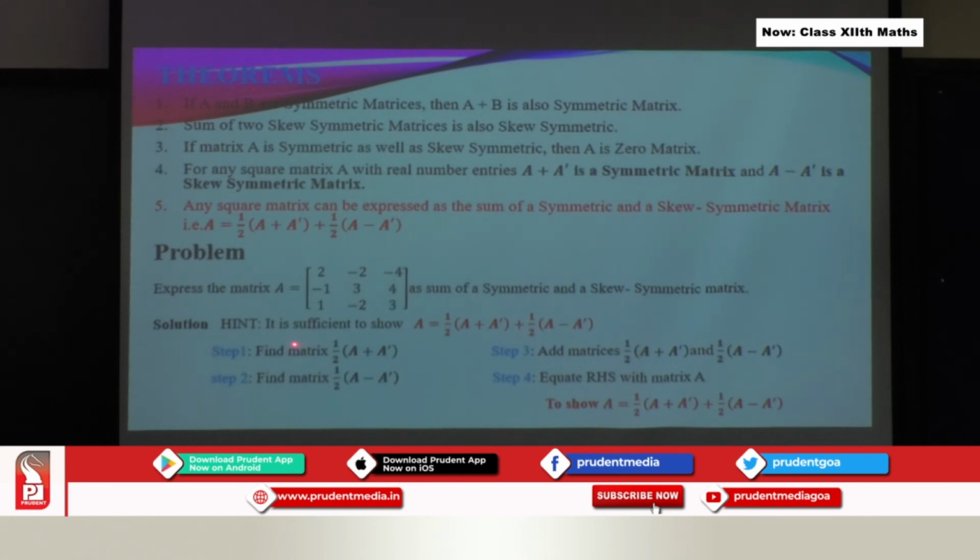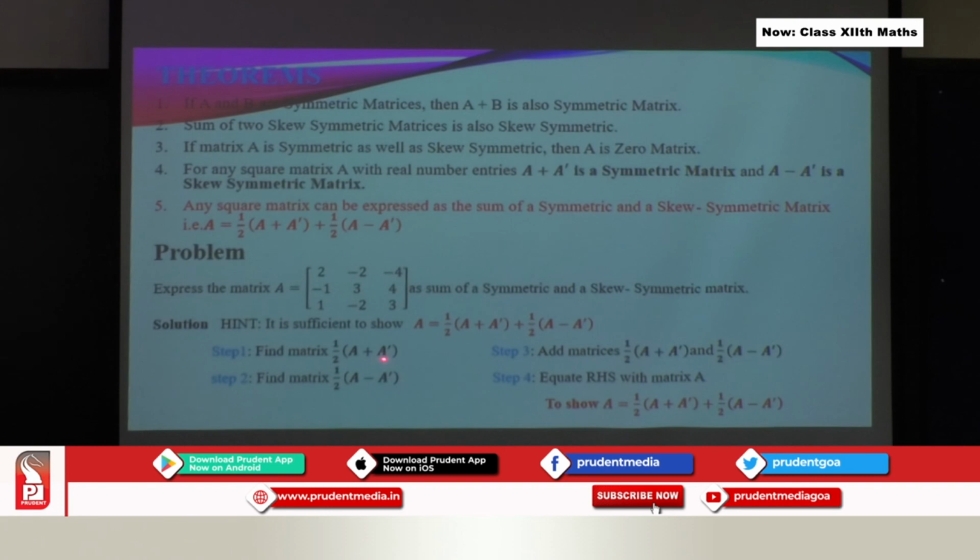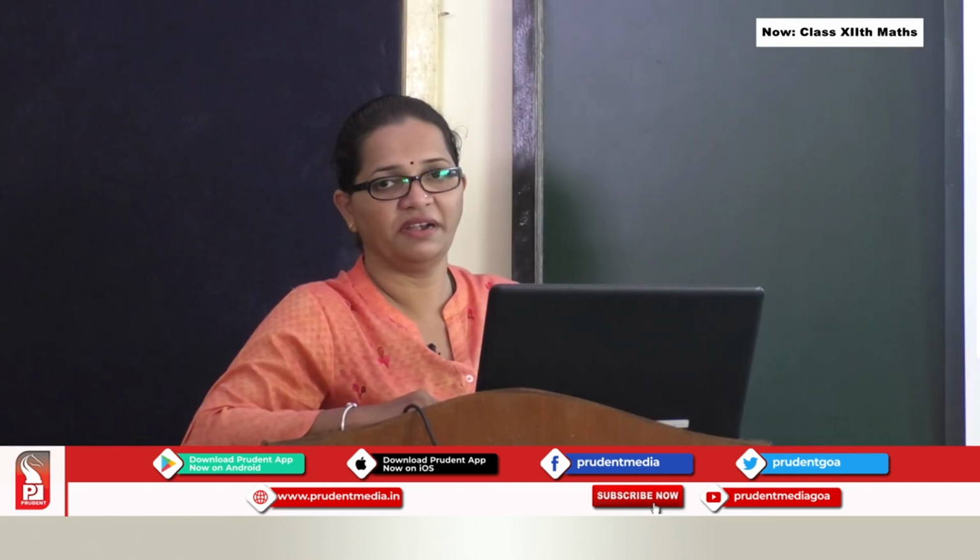Now look at the steps. First you need to find half times (A plus A dash). You know how to add two matrices, so I will say A plus the transpose of the original matrix. Whatever matrix I get, to that I will multiply half. I will get one matrix.